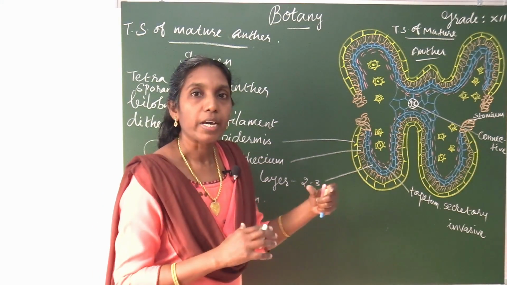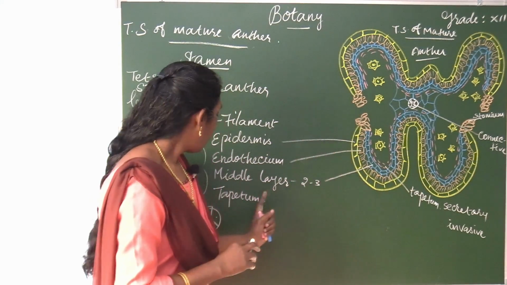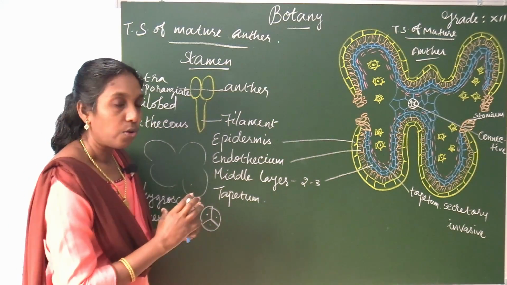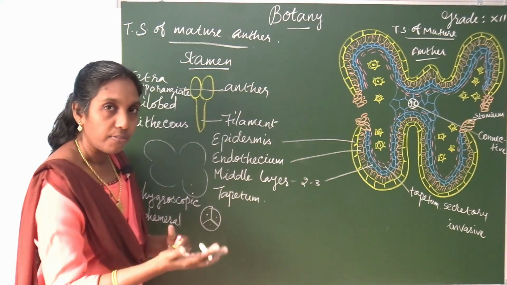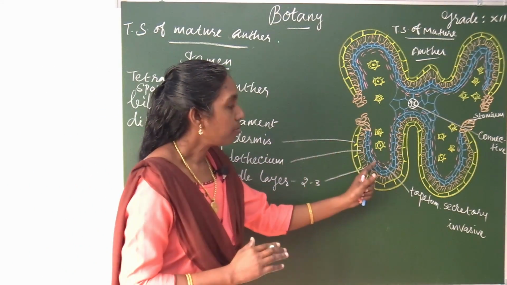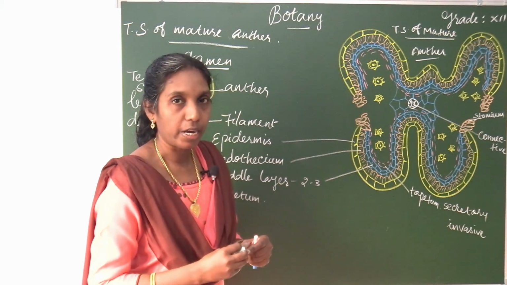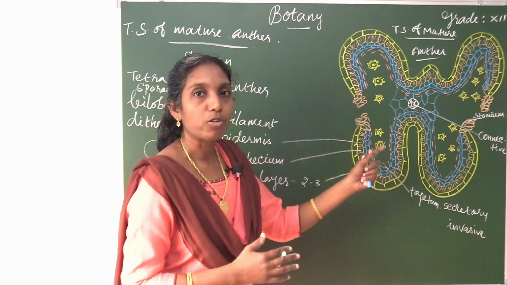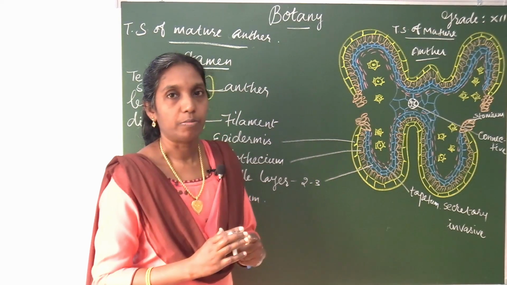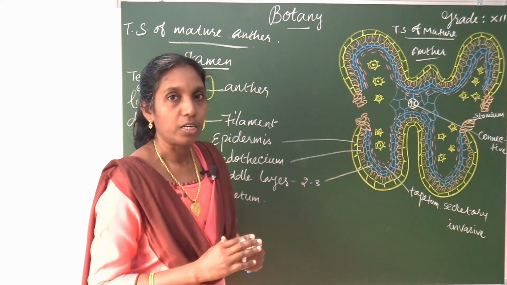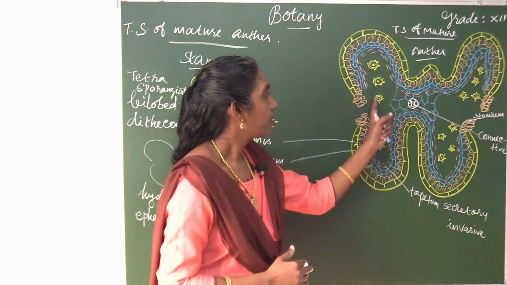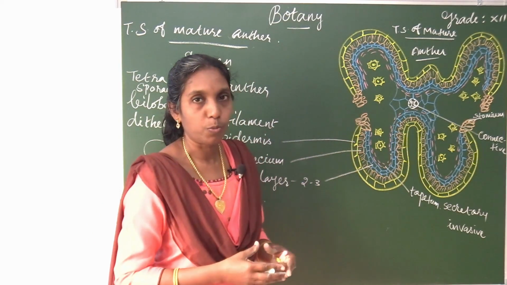After the tetraspore, there are 4 haploid nuclei present, each of which develops as a microspore. So this tapetum nourishes the developing microspores as well as the microspore mother cell. This is the important function of tapetum.